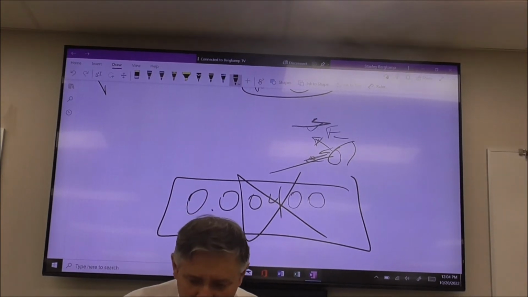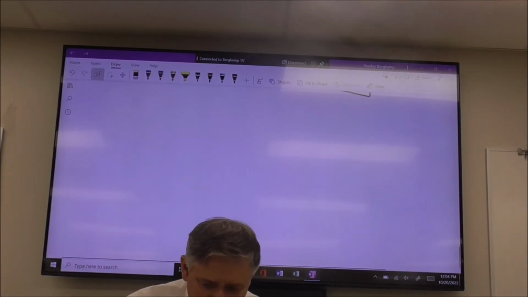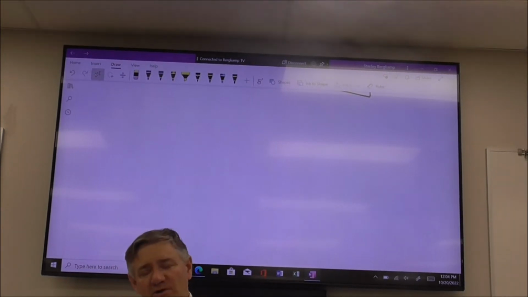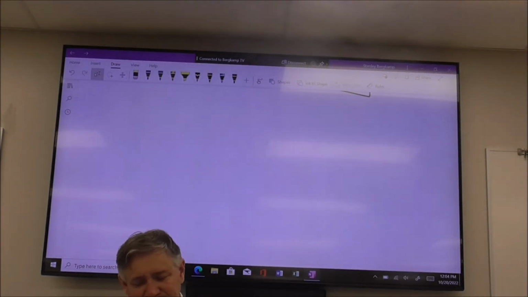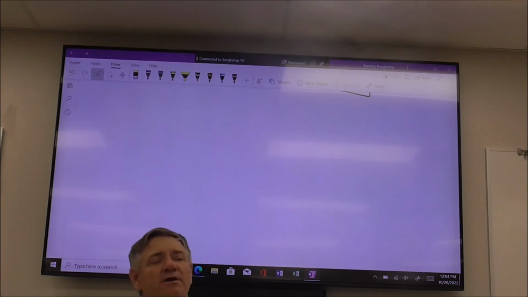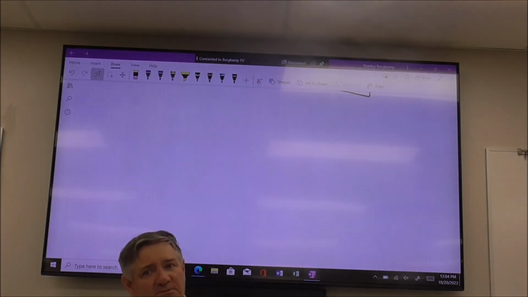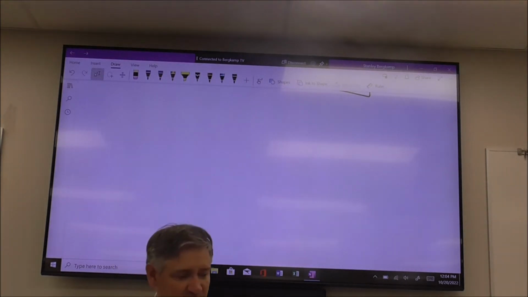So when you have centripetal force, you'll notice one thing. When you look at the 4 fundamental forces, gravity, electromagnetic, strong nuclear, and weak nuclear, notice that the centripetal force is not one of the 4 fundamental forces, okay? Centripetal force only exists because of something else: because of gravity, because of a string, because of friction.